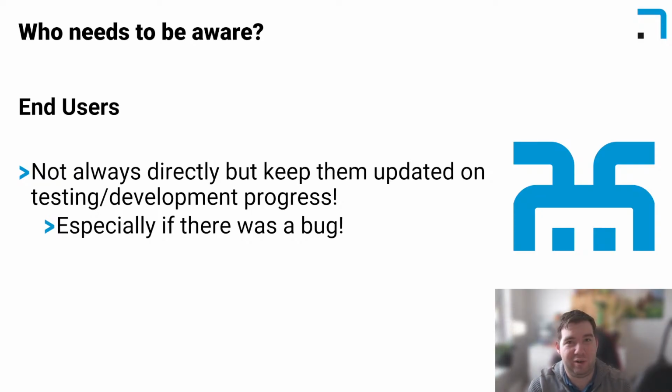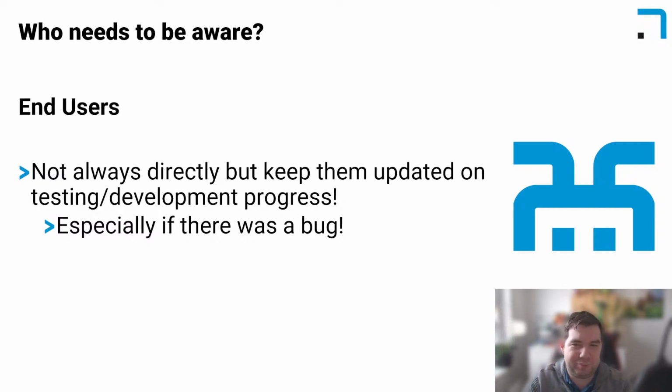We've resolved this in our current version. We'll have a release soon for it. Depending on the severity of the bug, it may get pushed out straight away. It may get bundled with other bugs. Depends on the project, depends on the bug, depends on the process. But generally speaking, let's keep our end users updated as well.